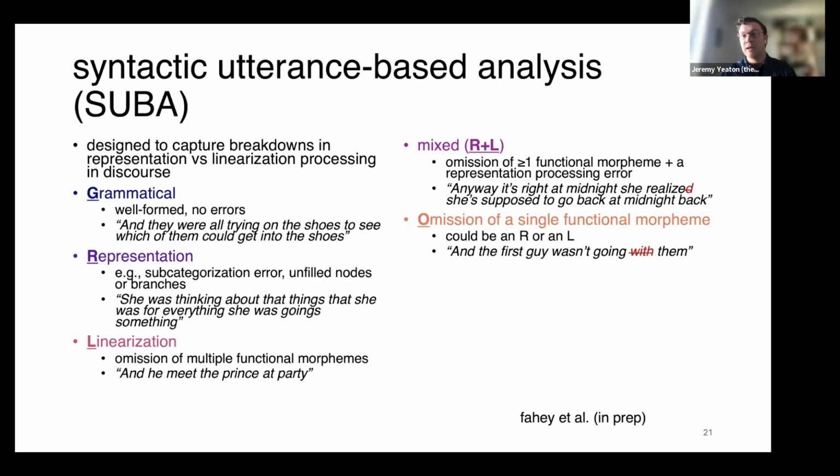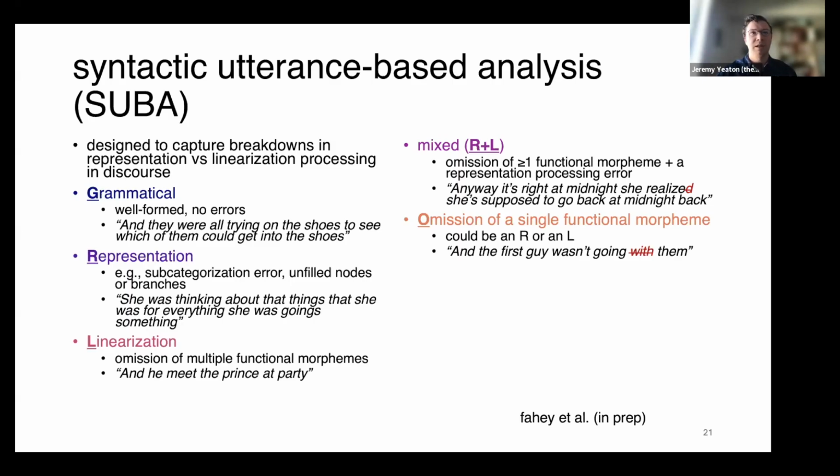So it could be that you've selected the wrong syntactic features and therefore you're not producing it correctly, that would be the representation side. And on the linearization side, it could be that you generated the right syntactic features, but when you tried to put it into the morphosyntax to linearize it, you lost something. So we coded these separately because it could be either one.